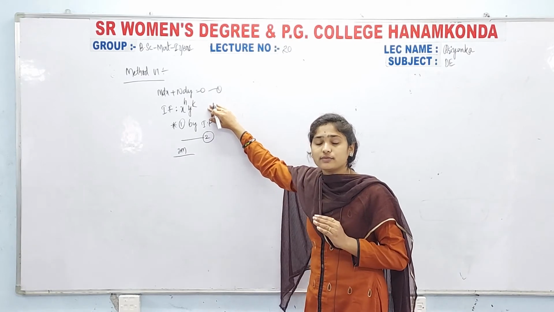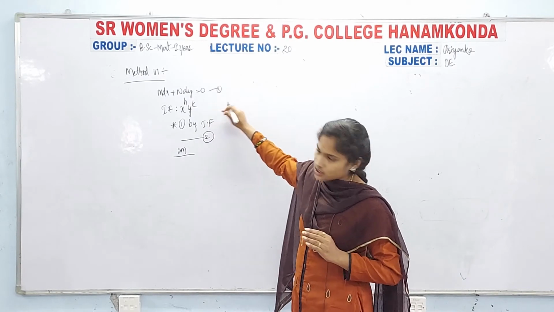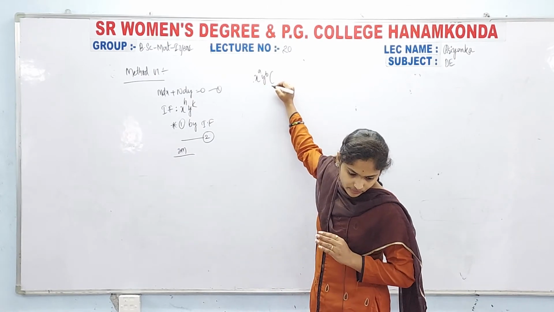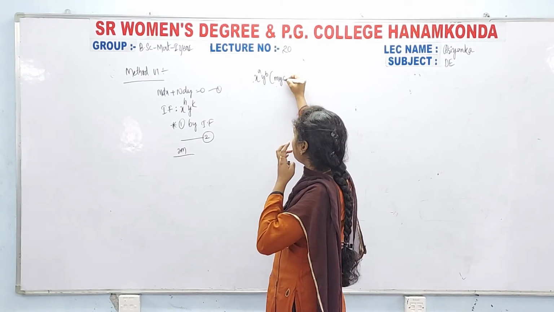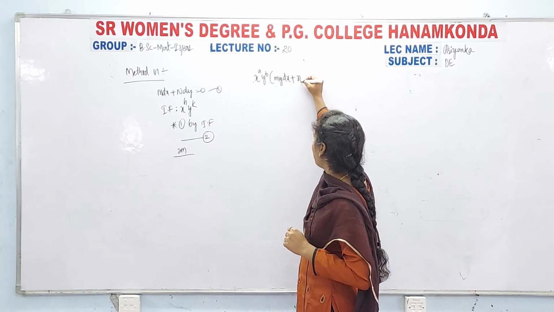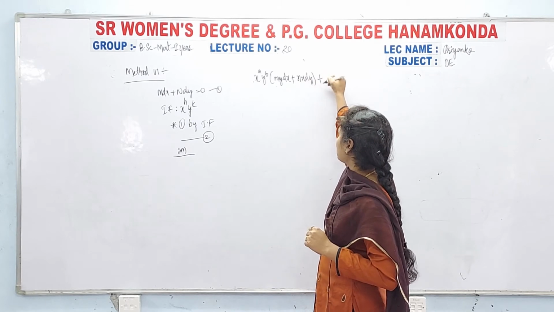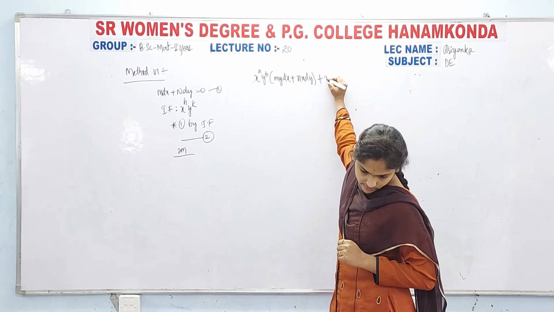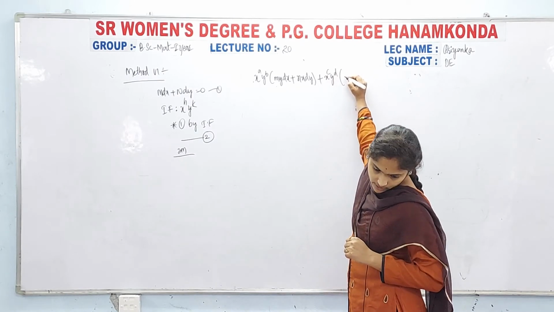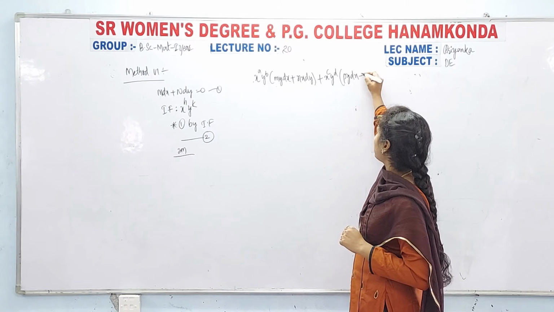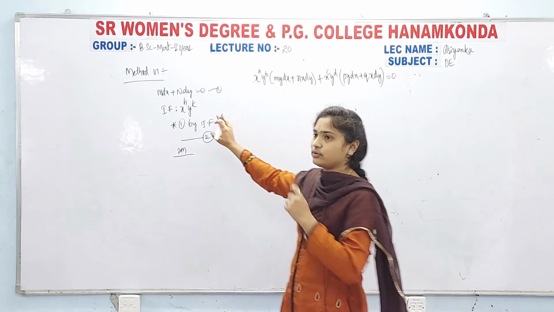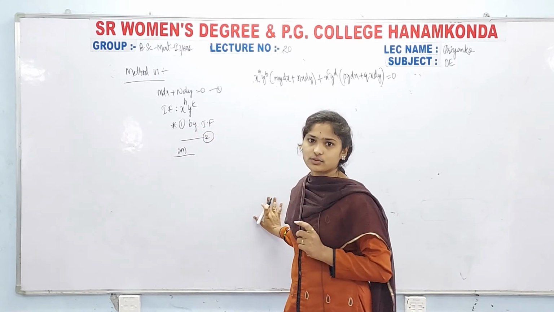When we have to choose this one, if the given equation is in the form of x^a y^b (M y dx plus N x dy) plus x^c y^d (P y dx plus Q x dy). If we have the form like this, then we have to choose that the integrating factor is this one.